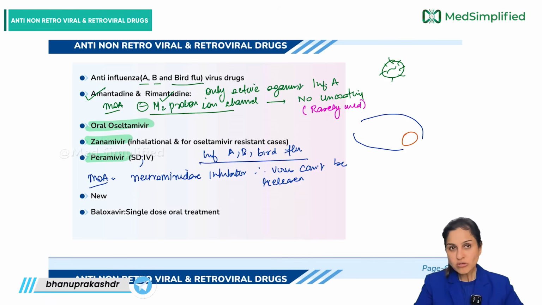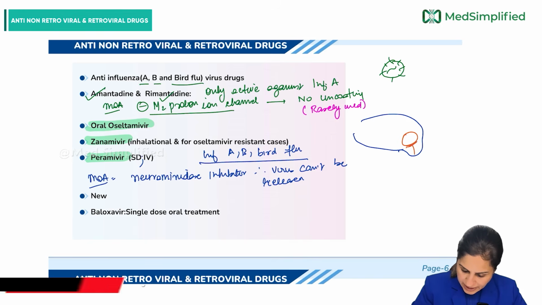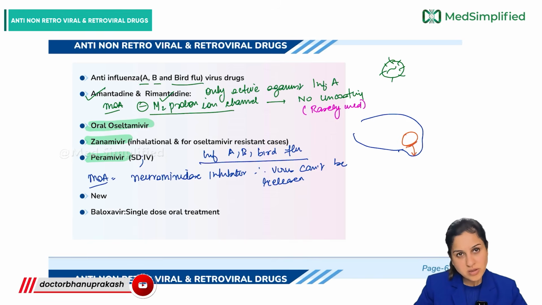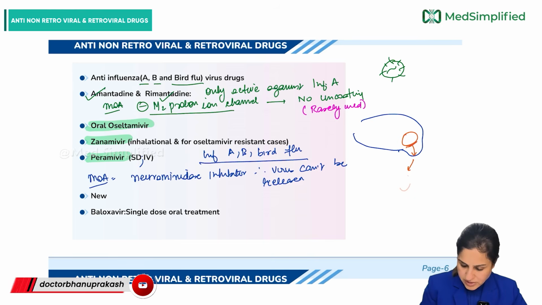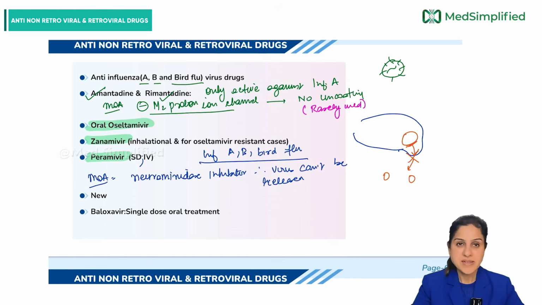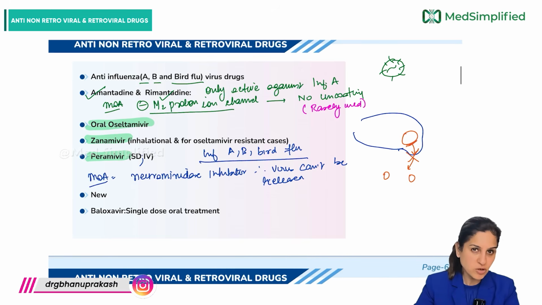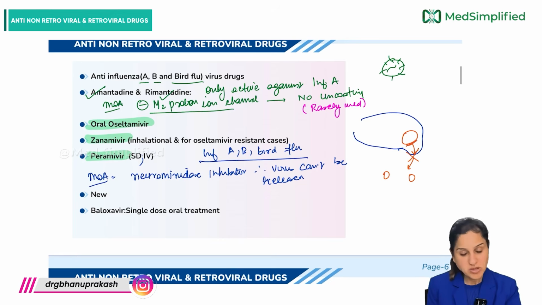To spread to other cells, it needs to be released from here. There is neuraminidase present here, and this needs to attach to the host cell membrane, and ultimately the virus will be released, right? But this step is prevented by oseltamivir and the like drugs. Therefore, it will not allow the release of the virus, so the infection is not going to spread. That is the major mechanism.